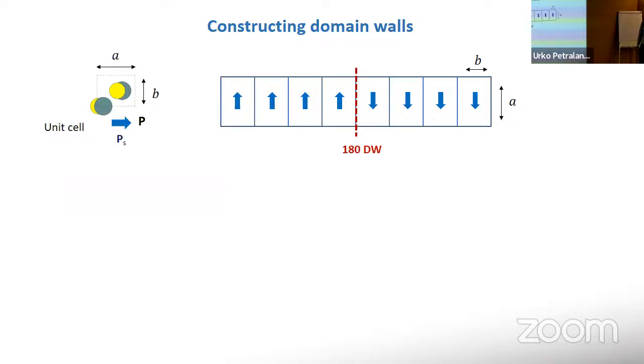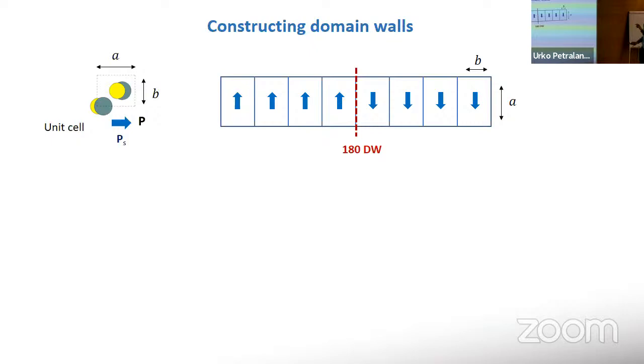So what did we actually do? We started to construct the domain walls. The 180 case is quite straightforward. We have the unit cell of the material, let's call the lattice parameters A and B, and we define the anisotropy of the material by taking these two into account. Then we have a polarization pointing in the X direction.